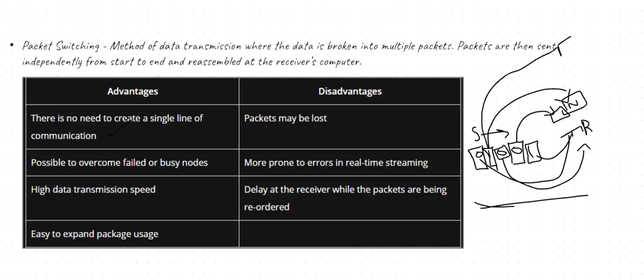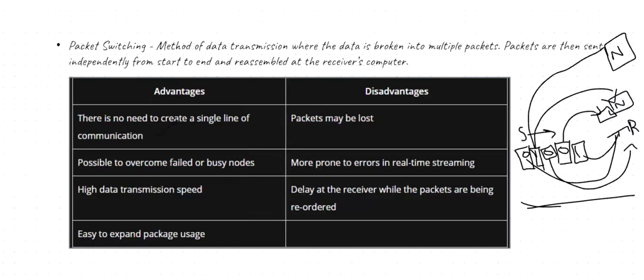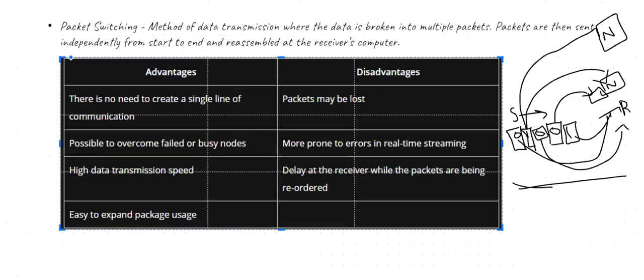Nodes basically show where the data has to be transferred. And by using packet switching, the transmission speed is high, and it's easy to expand package usage.